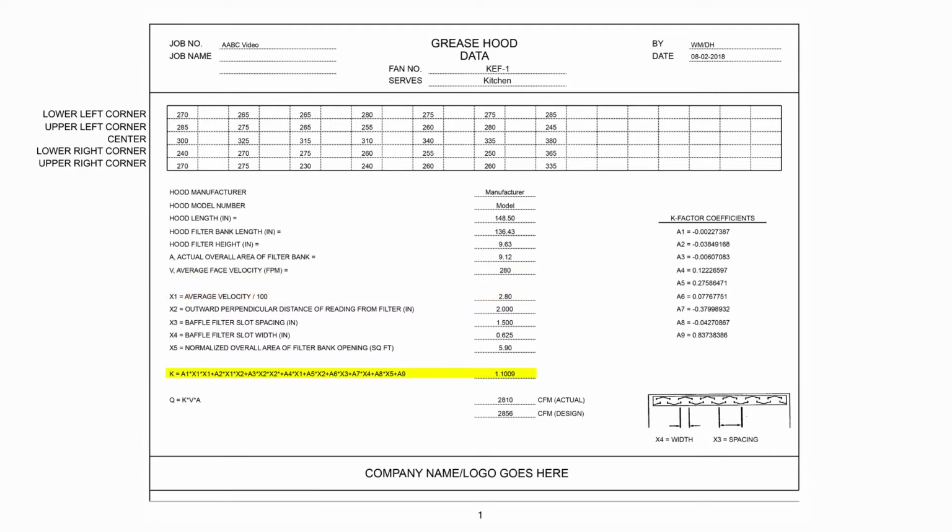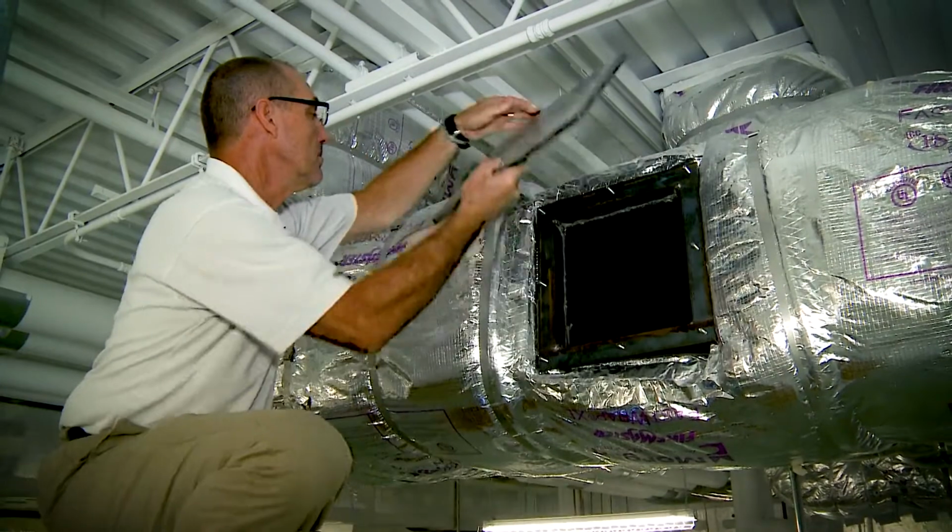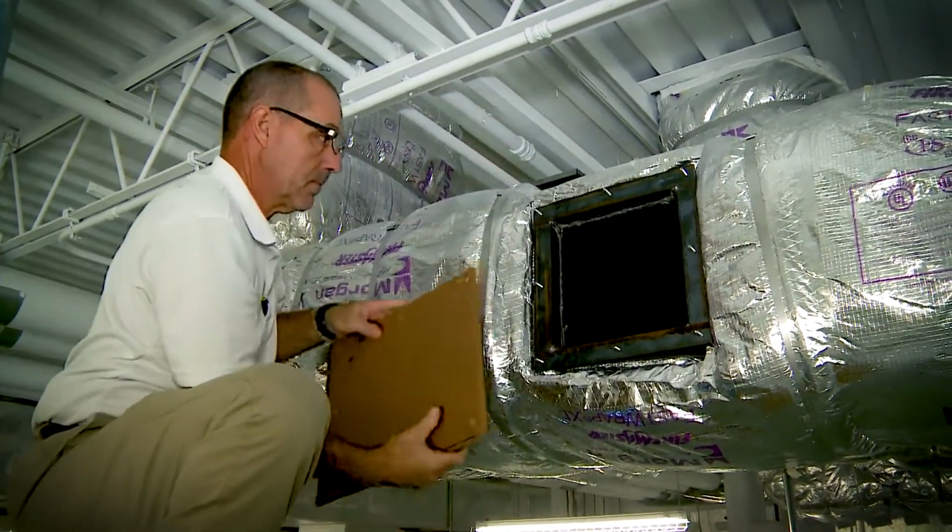The K-factor was computed at 1.1009, and the actual CFM was computed at 2,810. A pitot tube traverse was taken at the grease cleanout.